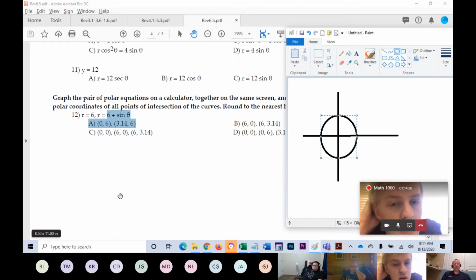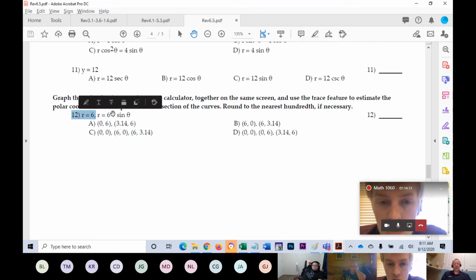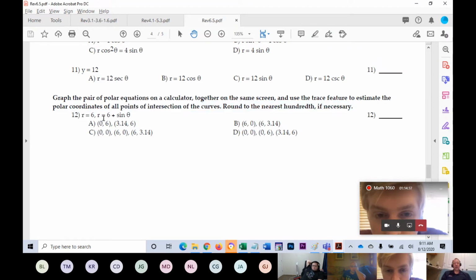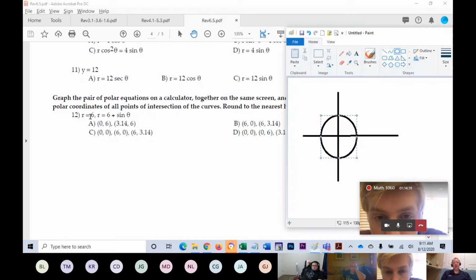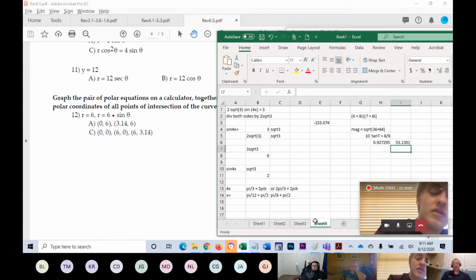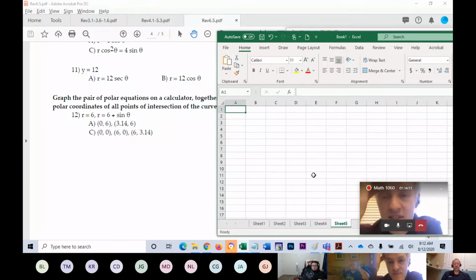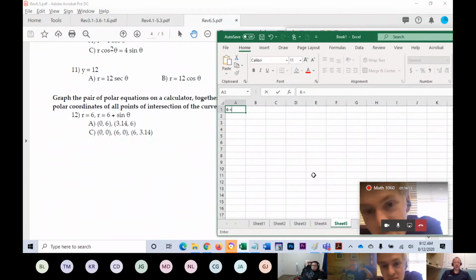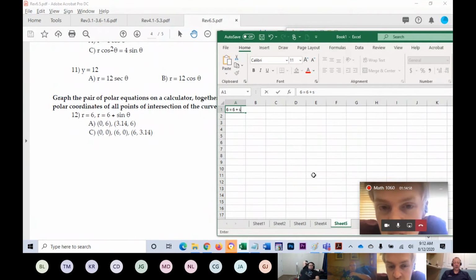But this is really easy to solve. In fact, you don't even really need the picture, other than I'm glad you knew that was a circle and that was a limacon. You want to know where they are equal? Let's set them equal to each other. So 6 equals 6 plus the sine of theta. How do you solve that?